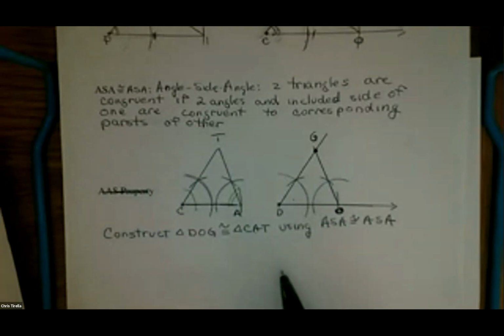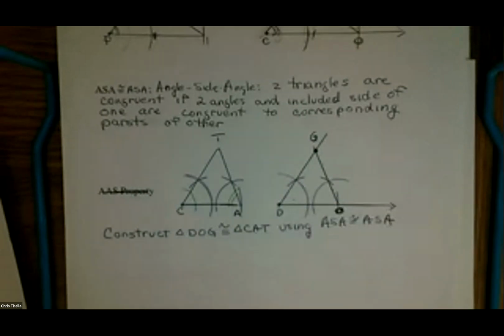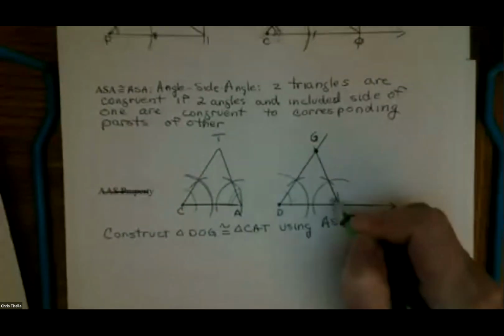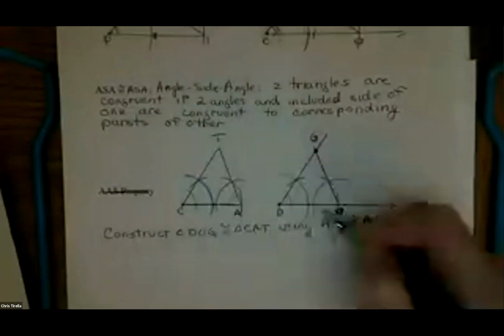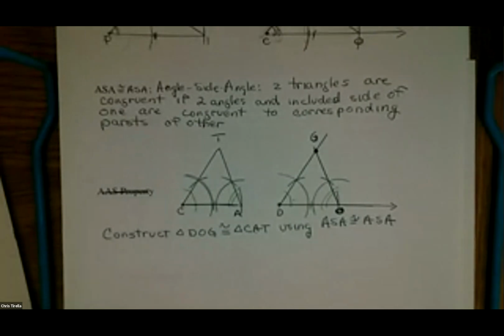All of the corresponding parts match, even though we only copied angle, side, angle. And so right now for congruent triangles, all three sides can match. And if that happens, we know that all three angles will also match: side, side, side.